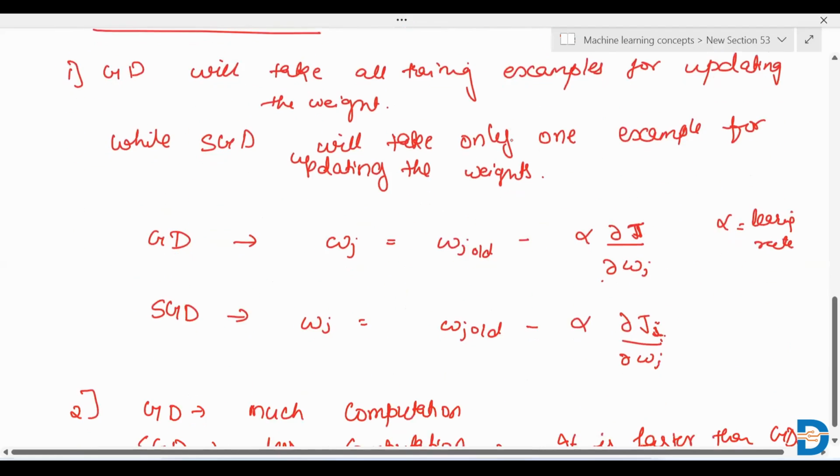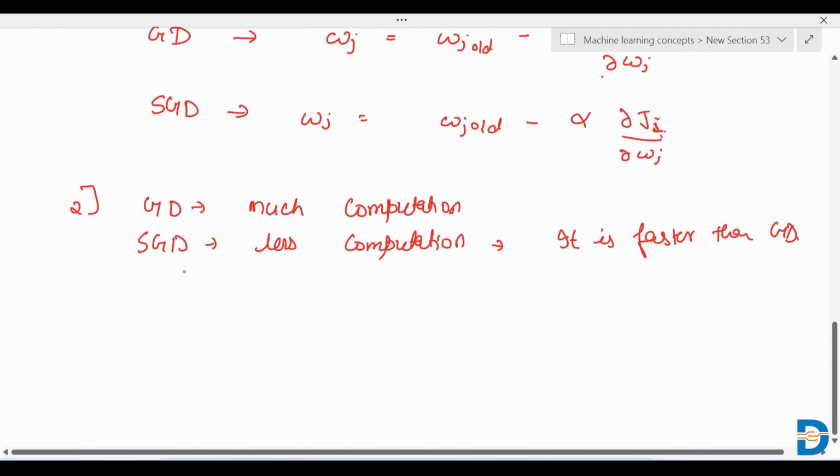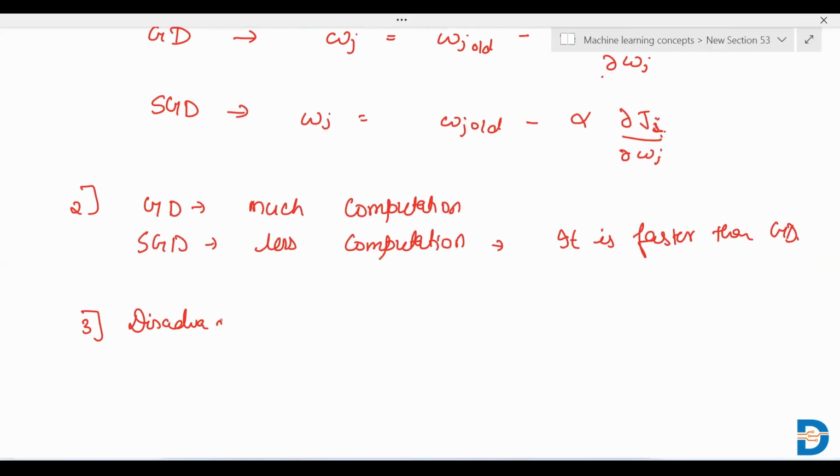But here we have a third difference, or we can say a disadvantage of SGD: SGD is not calculating the actual gradient, but an approximate one. So we see a lot of fluctuation in the cost, but still it is a much better choice than GD. Instead of taking the actual gradient, it takes the approximate. This is one of the disadvantages, but we still prefer SGD.